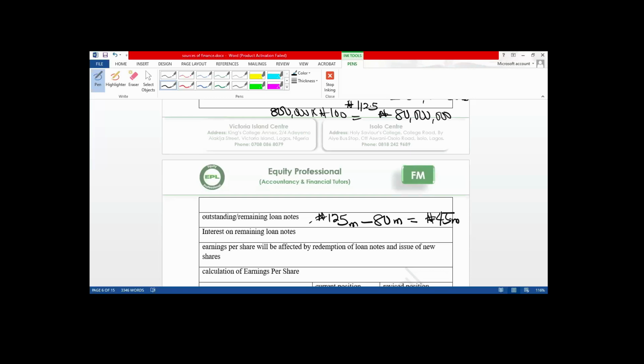You now compute interest on nominal value. Please note, interest is calculated on nominal value. Look at it. 8% of 45 million. What is the interest paid with this, on the outstanding bond? How much?